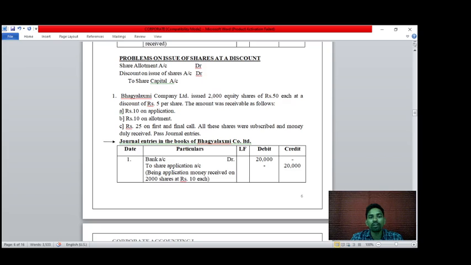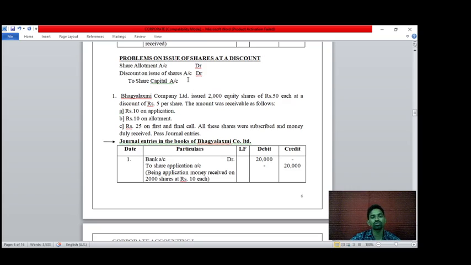Now see how to adjust that entry. While passing the journal entry of the allotment, we have to pass: share allotment account debit, discount on issue of shares account debit, to share capital account credit.